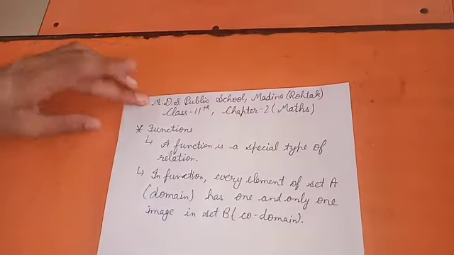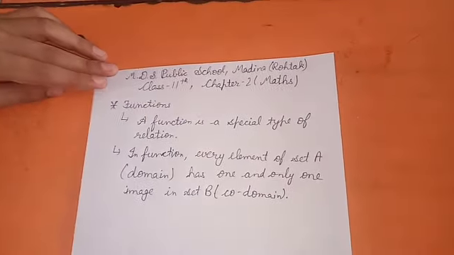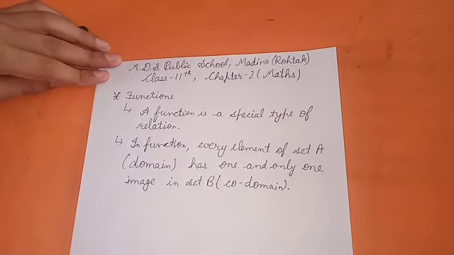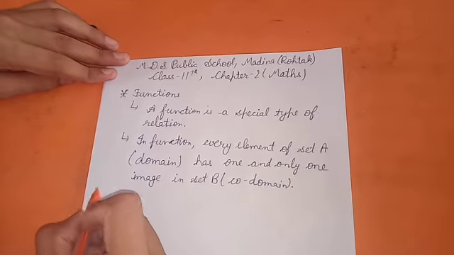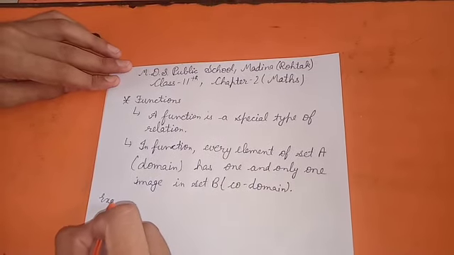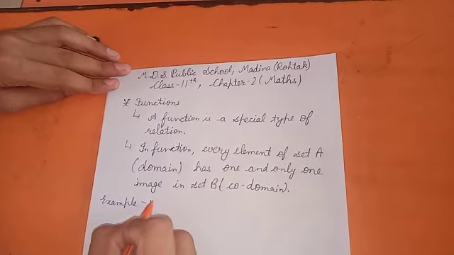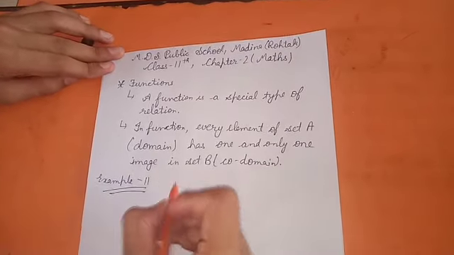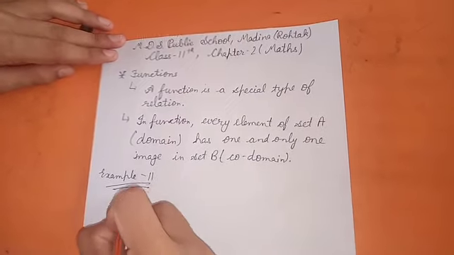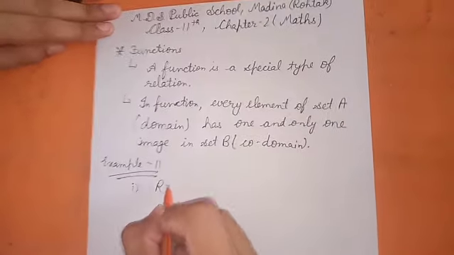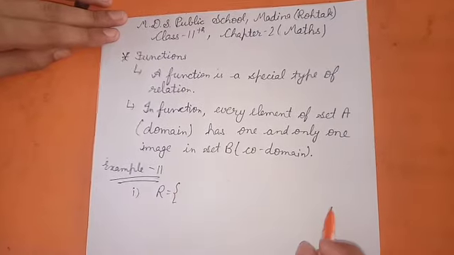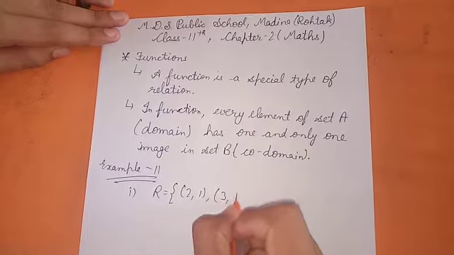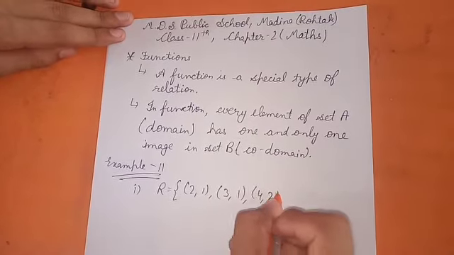So, example 11 is given to us. In that we have to check which of the following is a function. Example 11. First part they have given to us is R equal to {(2,1), (3,1), (4,2)}.